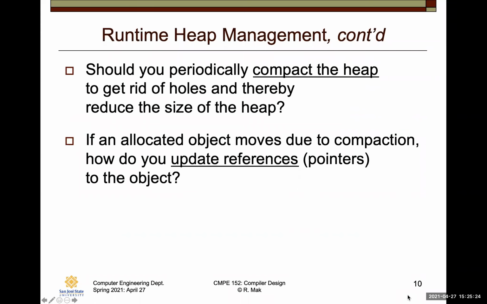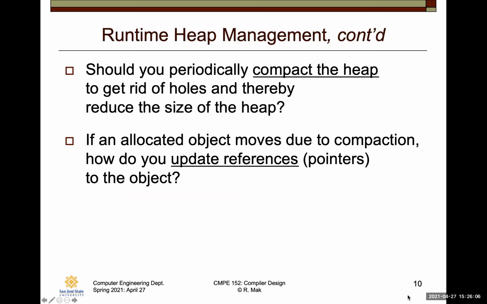So a possible thing you can do is periodically compact the heap by moving all the objects against one end of the heap, which gets rid of all the holes, and then any new objects would just be appended at the end. After you've compacted, you end up with a big hole at the other end of the heap, so new objects can just go in there, and there'll be fewer holes to search. Now, the problem with compaction is that you have these objects allocated out in the heap.